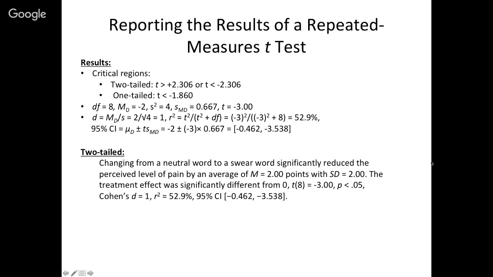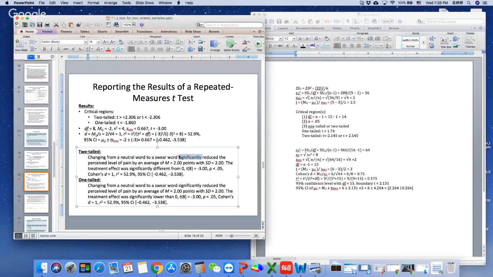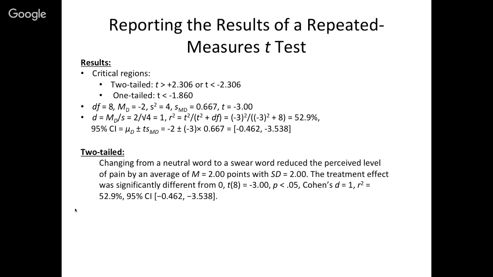Because this is descriptive stats, we cannot have the word significantly here. So: reduced the perceived pain by an average of M, which is the MD value here, as 2 points, because we know it's a negative value.